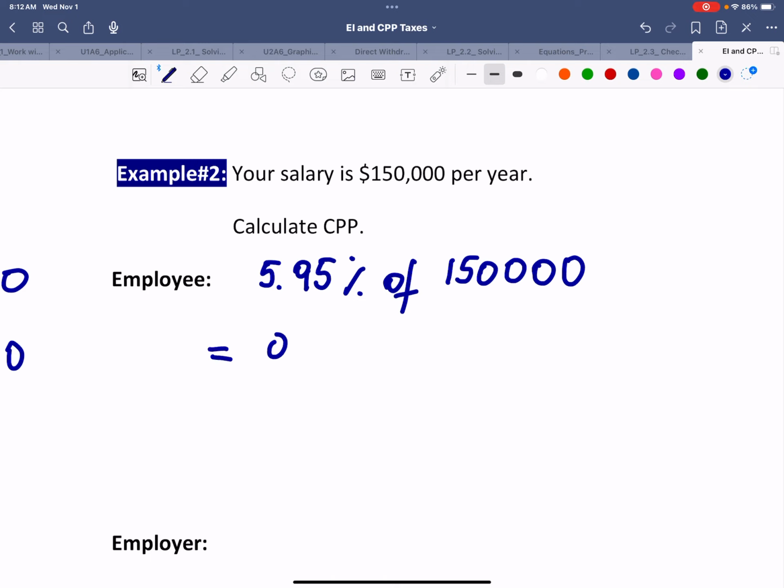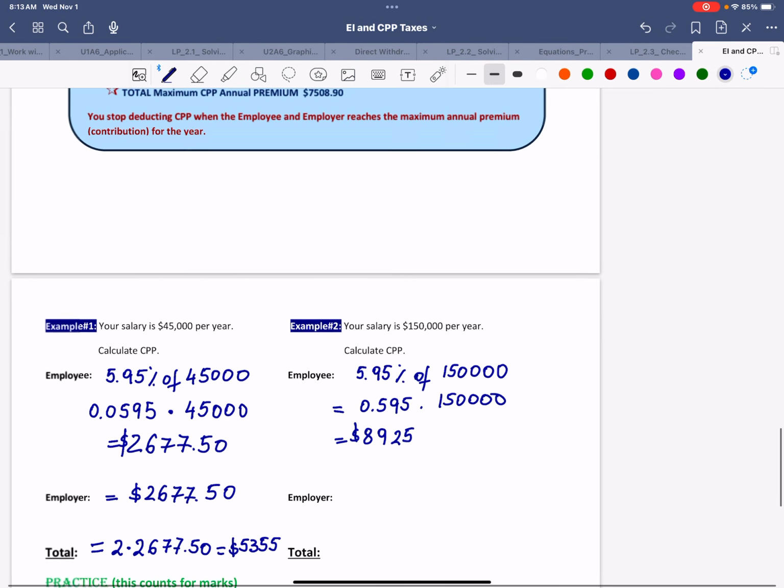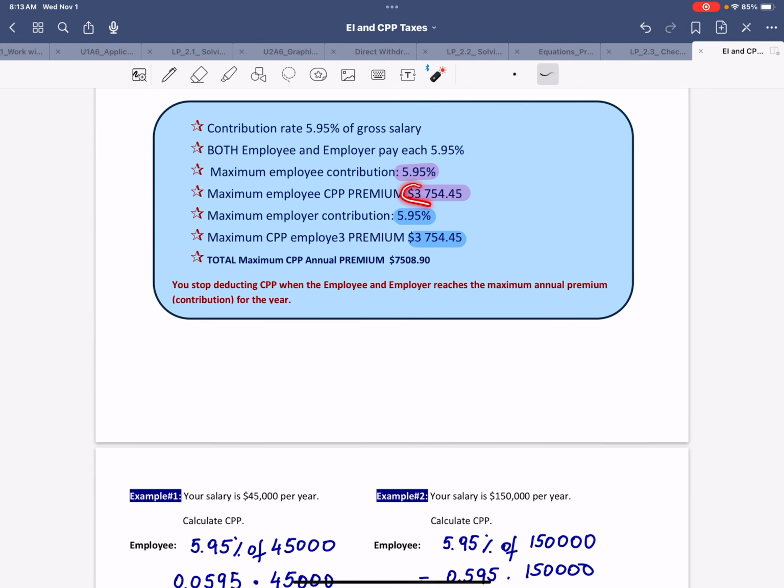So that means 0.0595 times 150,000 equals, let's take a look, $8,925. Wait a second. I was told that there is a maximum premium. How much is that?